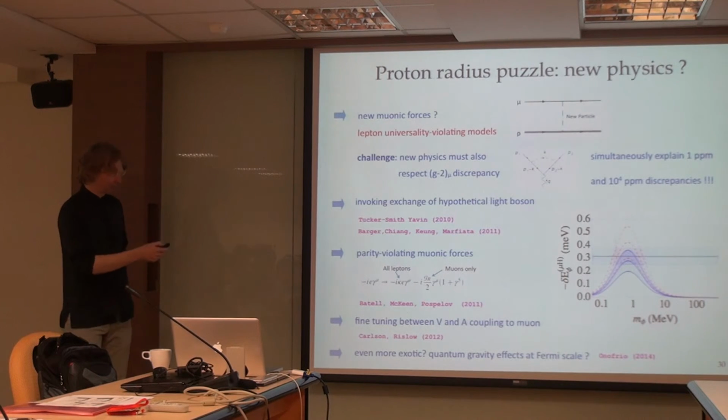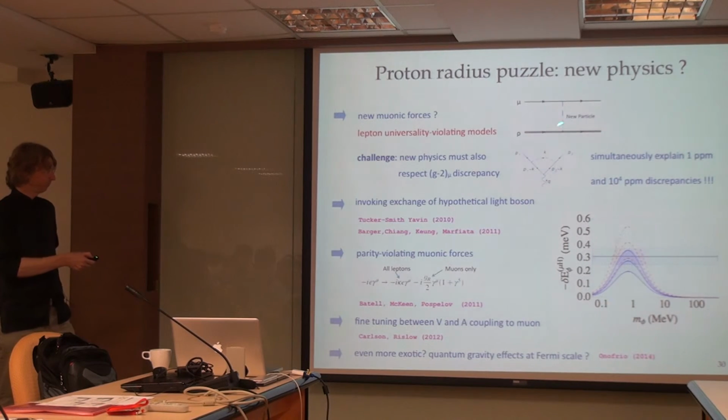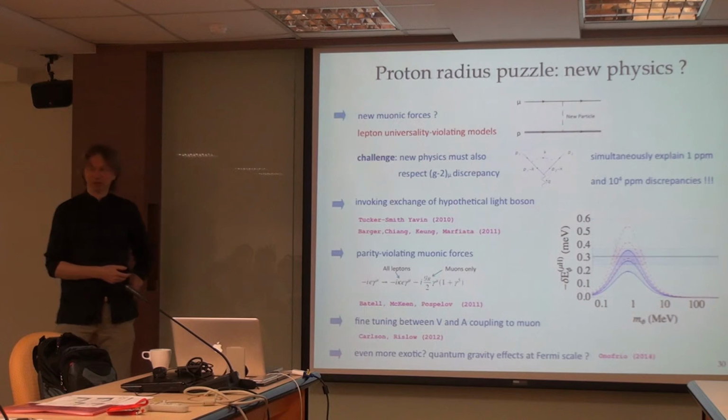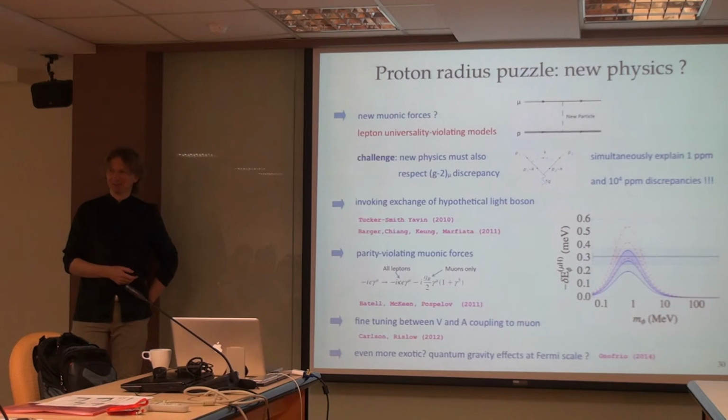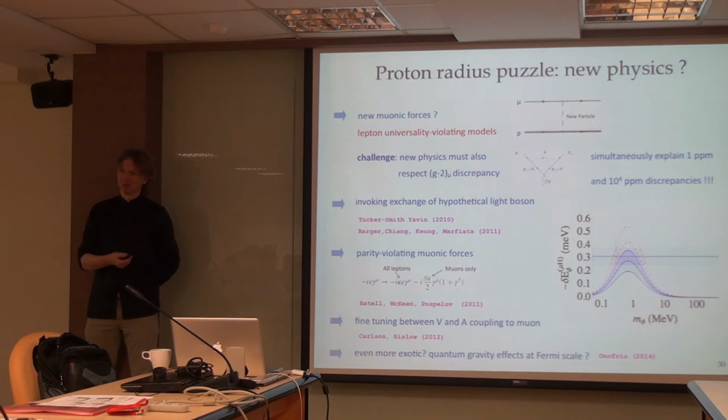But if there is such a particle, it should also not depend on what the target is, because it's driven by the coupling to the muon. And I will show you actually that these new measurements on light atoms are already in conflict with several of these models.